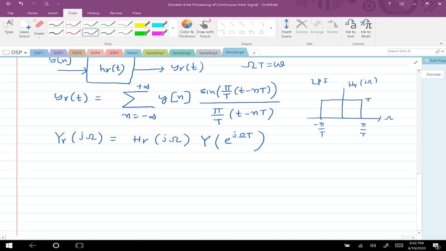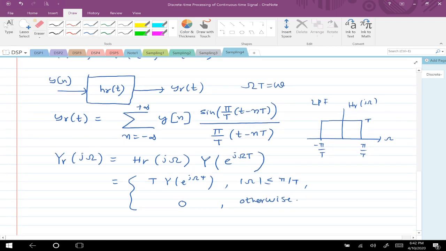If you want me to write the value here, I should write it as T times Y of e^{jΩT}, when your Ω value is in between −π/T to +π/T, and of course its value is 0 otherwise, right?